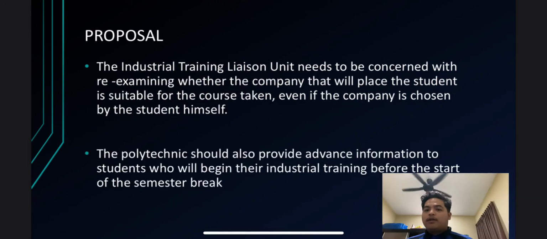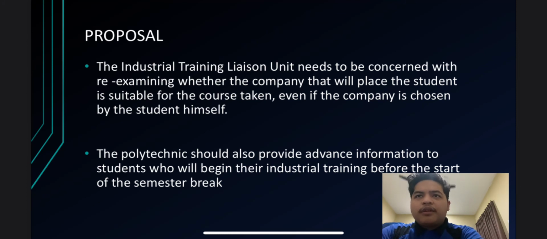So for the proposal, the industrial training unit needs to re-examine whether the company that will place the student is suitable for the course taken, even if the company is chosen by the student itself.